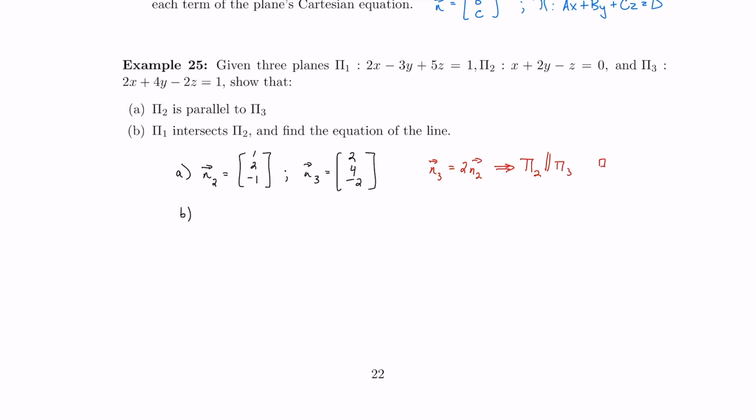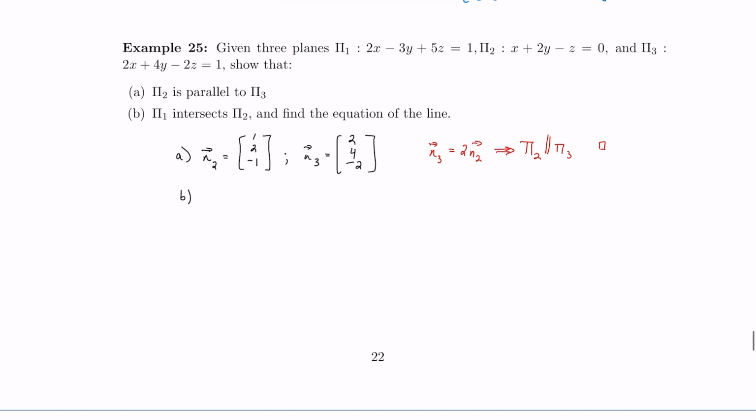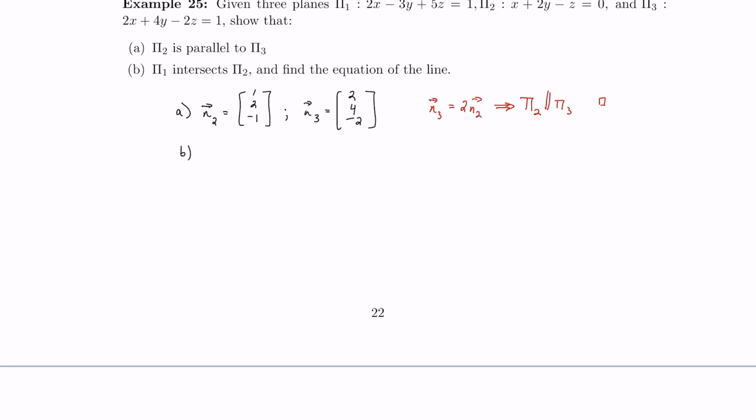So now let's show that our other pair of planes, plane 1 and plane 2, intersect, and let's find the equation of that intersection. Well, anytime I want to find this intersection or deal with what we would normally call simultaneous equations, I'm dealing with two equations at the same time, so I'm going to create a system. 2x minus 3y plus 5z equals 0, and x plus 2y minus z equals 0.